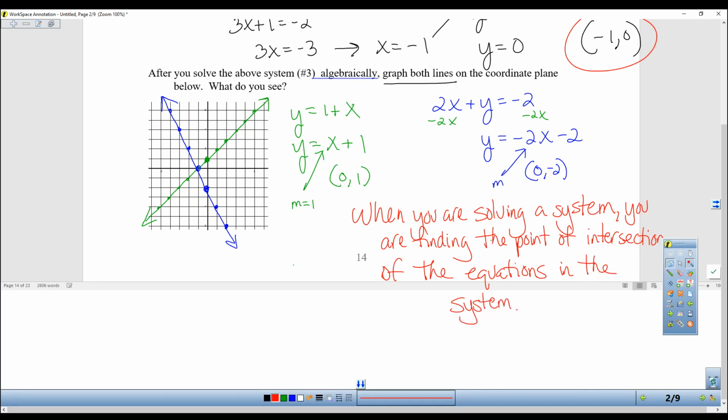So we had found out algebraically that the answer was negative 1, 0, and there it is, negative 1, 0. So that's the correlation between the two things that we're doing today.